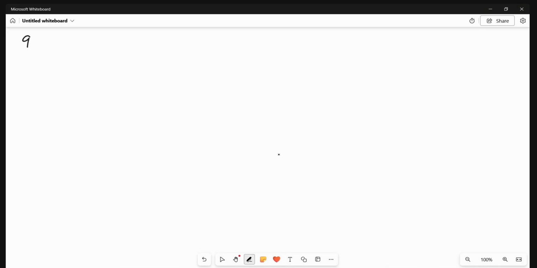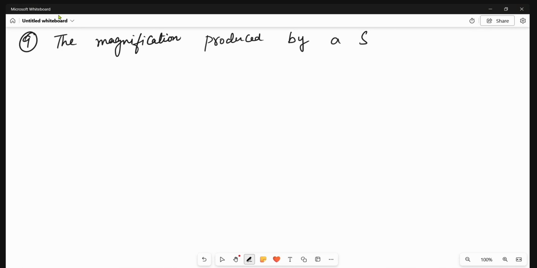Write down this. Write the answer for this now. The magnification produced by a spherical mirror is -3.